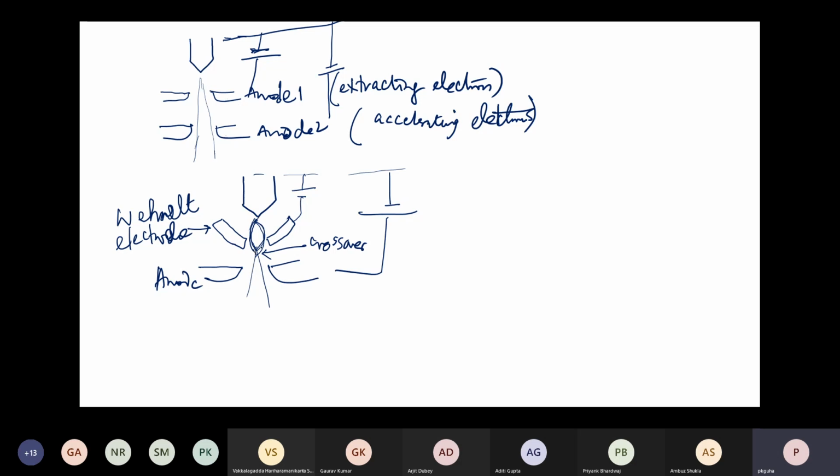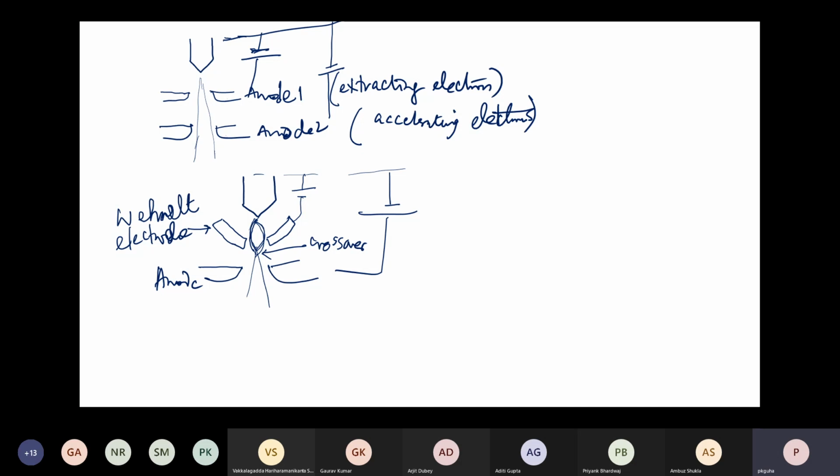Obviously you have to have a negative bias so that you can create this crossover, or you can make them focus and create a finely thin electron beam. Now, as I said, there are plenty of condenser lenses. The lenses look like this.